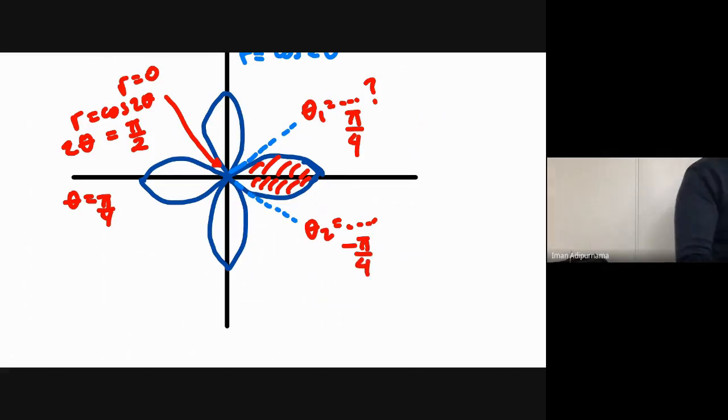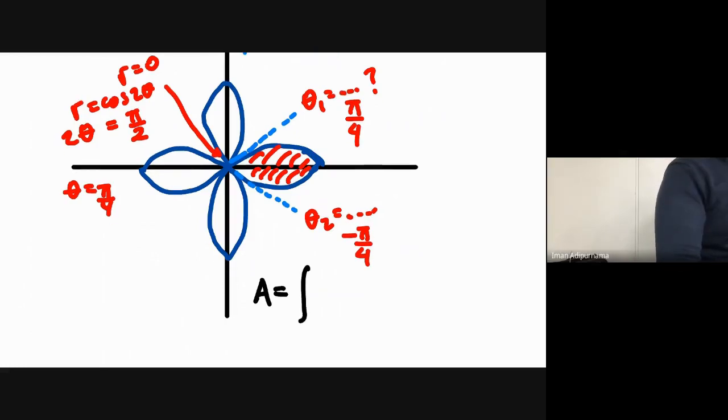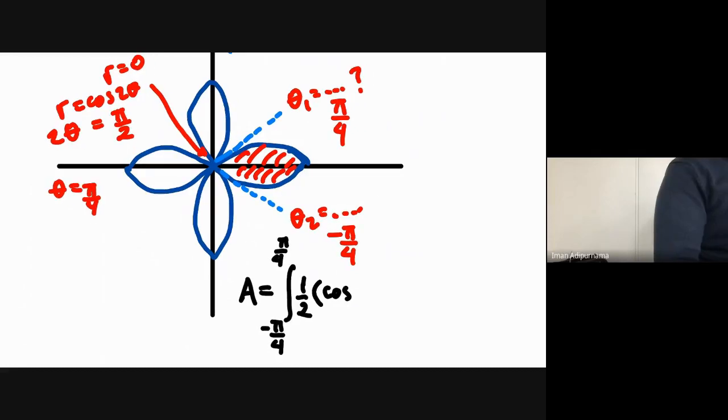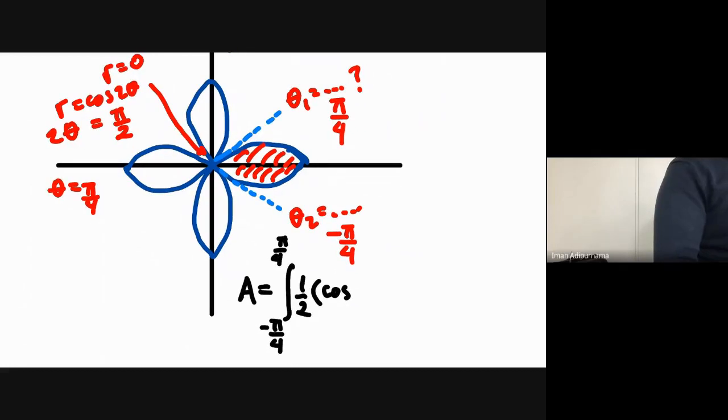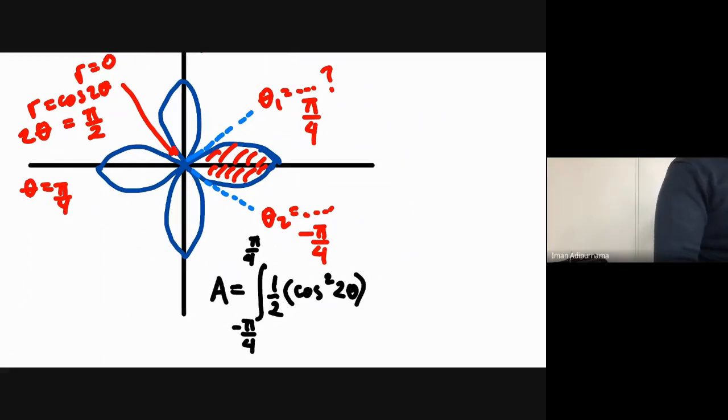Now we can write down the area. The formula is the integration over the angle, and then half, and then the equation squared. So cosine 2 theta squared, d theta.